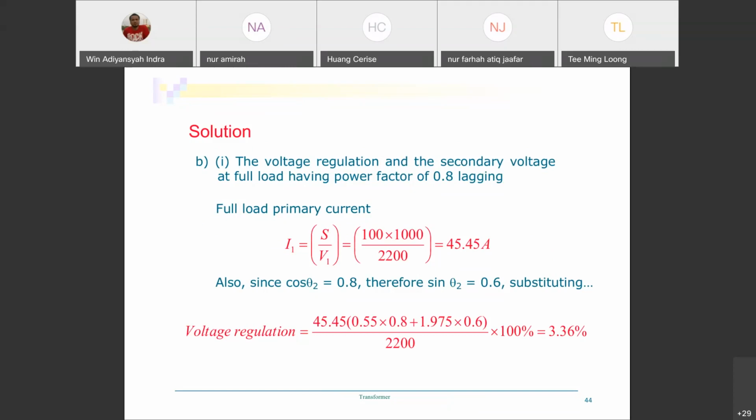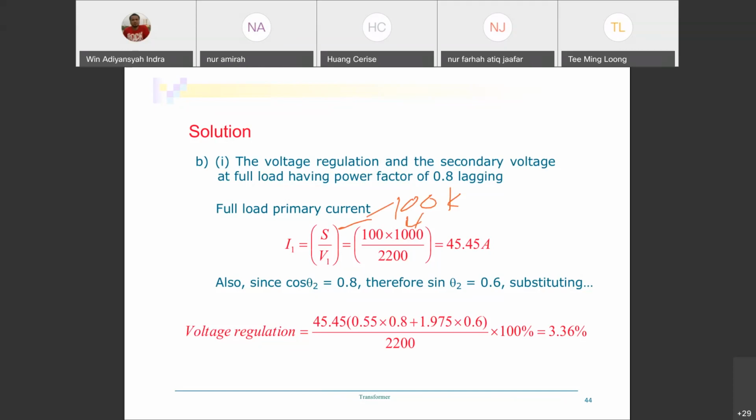If you see here the voltage regulation and secondary voltage, this one we do for the 0.8 lagging first. So apparent power S, right? Just now is 100K. This one. Okay. V1.